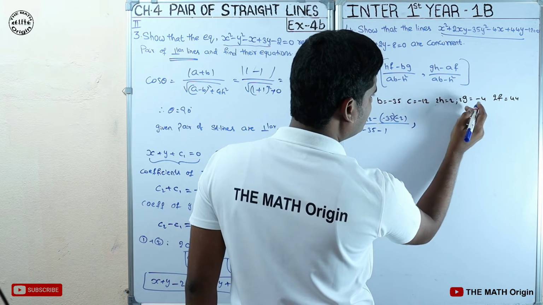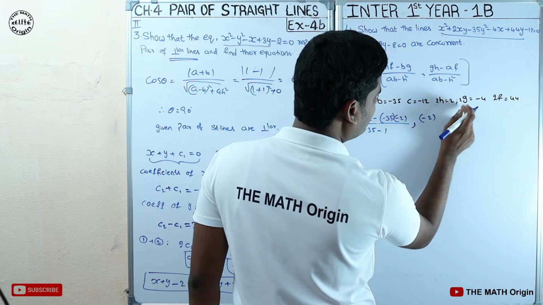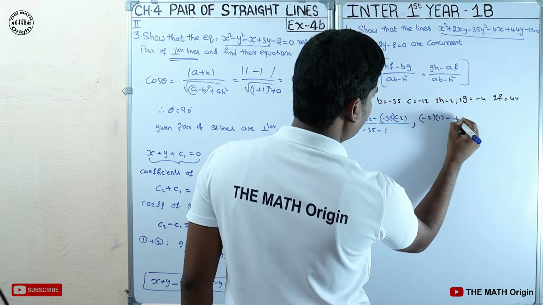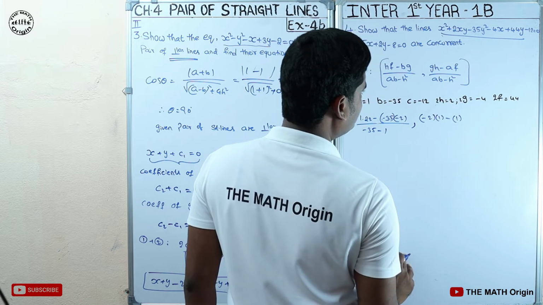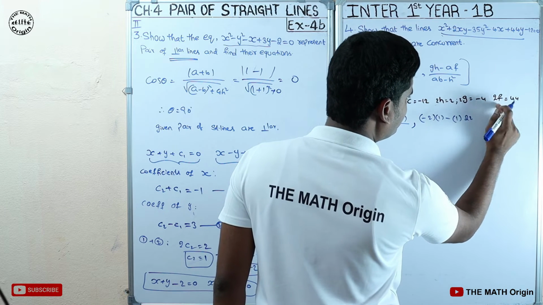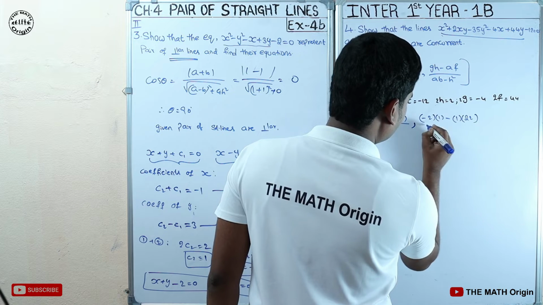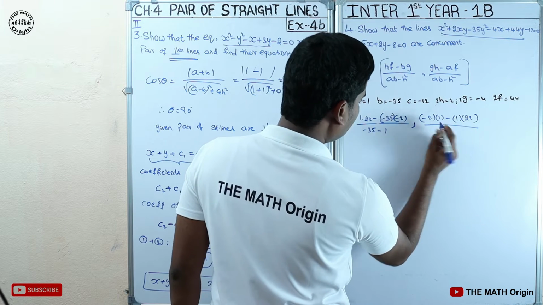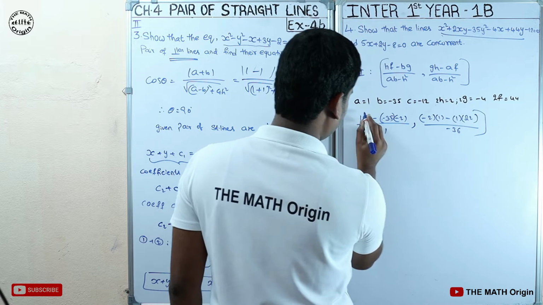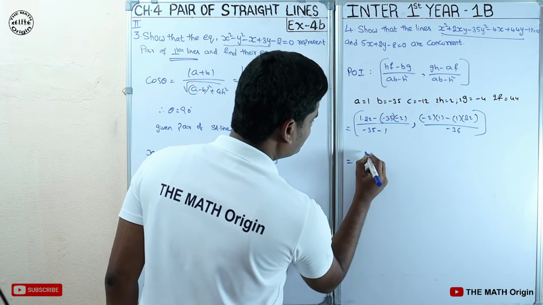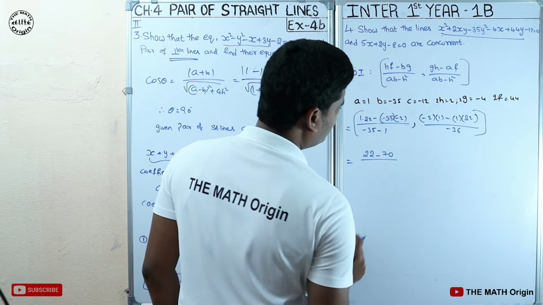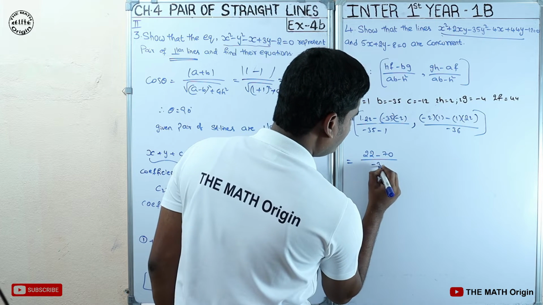Comma, G into H, G is minus 2 into H is 1, minus A 1 into F, 2F equals 44, F is equal to 22. Divided by the same value, AB minus H square, so the value is minus 36.